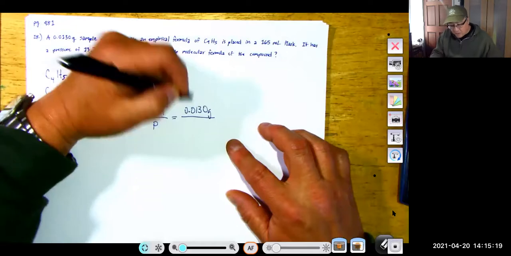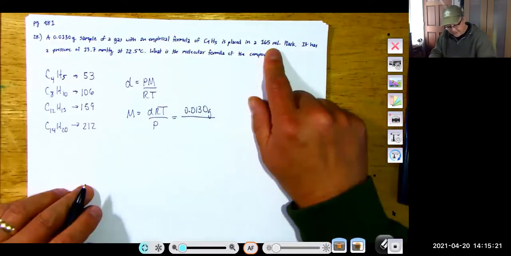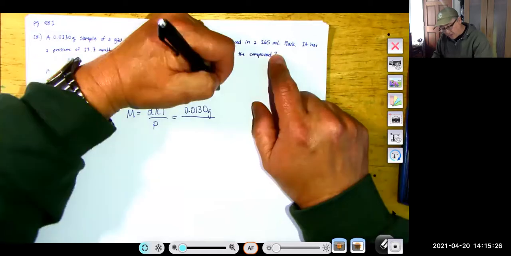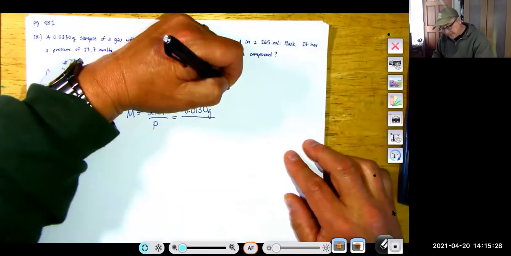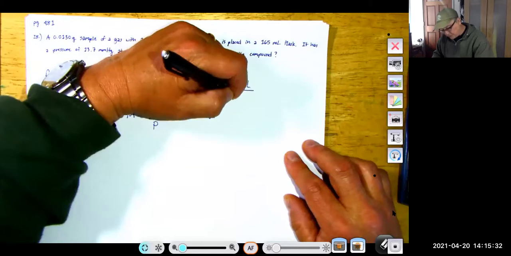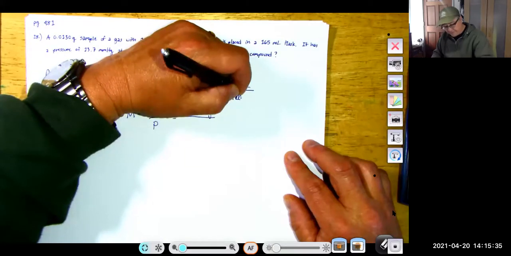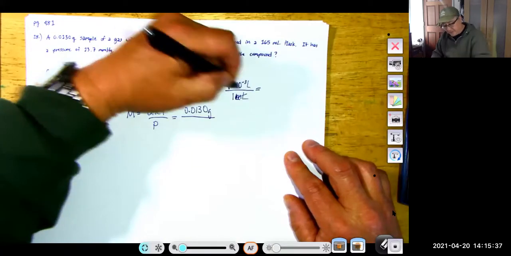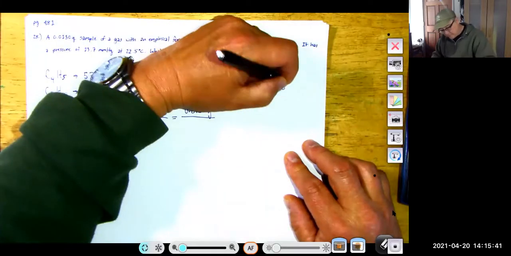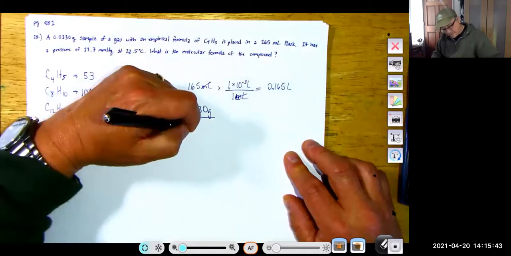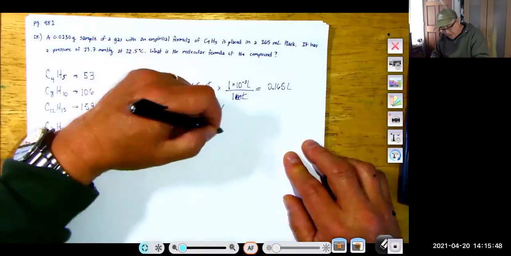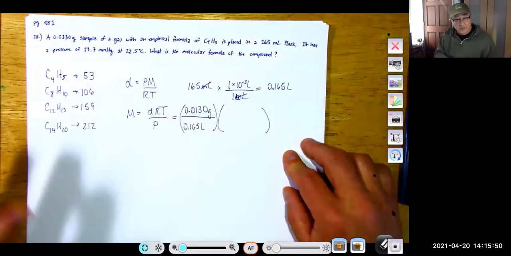Now here, we don't want to use milliliters, so we take our 165 milliliters and multiply by 1 times 10 to the minus 3 liters over 1 milliliter. The milliliters cancel, and we get 0.165 liters. The R, I'm going to leave off until I figure out what pressure I'm going to be using.